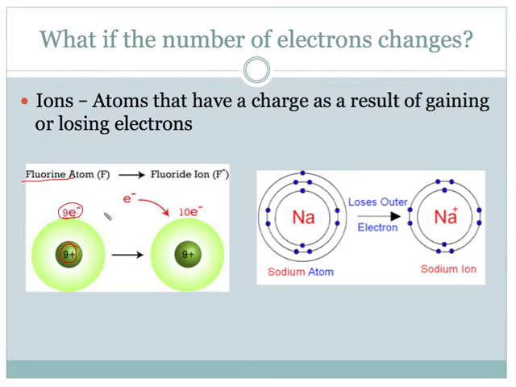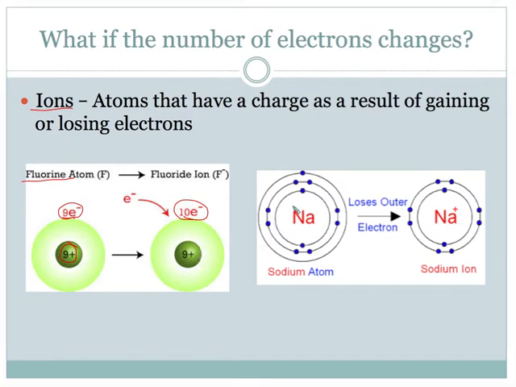But what if fluorine gains an electron? Now it's got 10 electrons on the outside. Well, this fluorine atom is going to have a charge. It's going to have a -1 charge because there's one more negative than there are positives. We call these ions. Ions are atoms that have charges resulting from gaining or losing electrons. So this fluorine gained an electron.